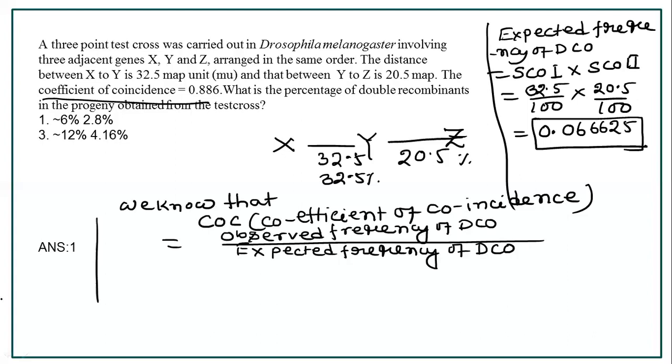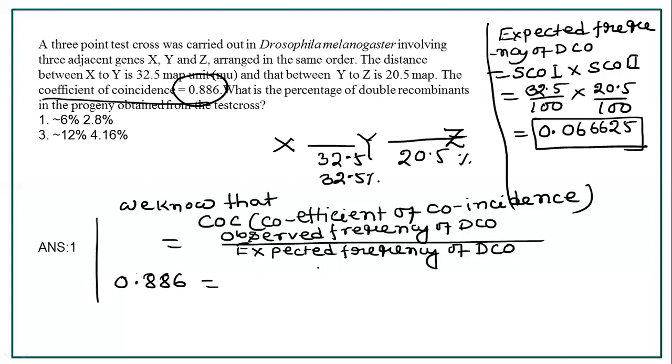Now we calculate the observed frequency of DCO. You have to calculate the percentage of double recombinants in the progeny. Here COC is given, the value 0.886 is given already.